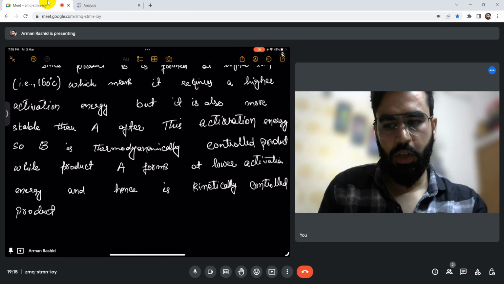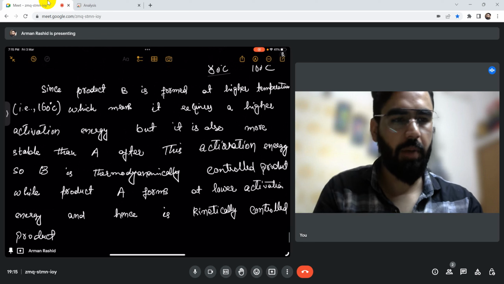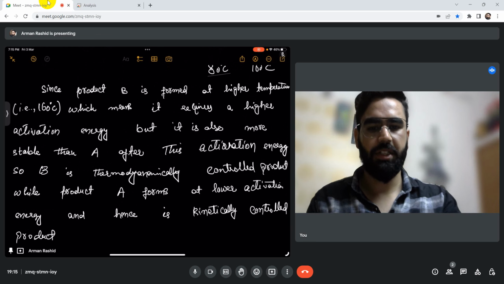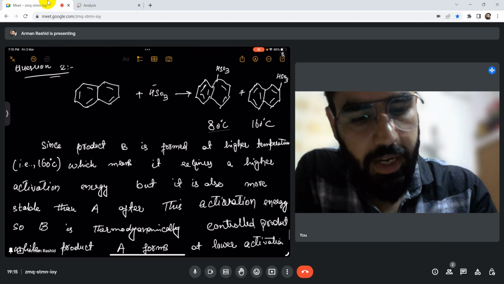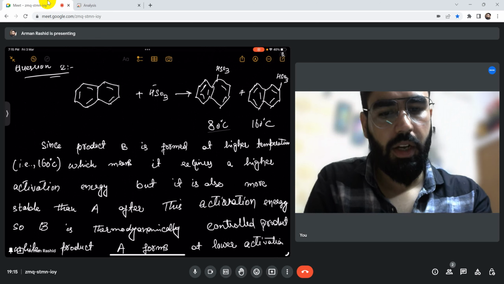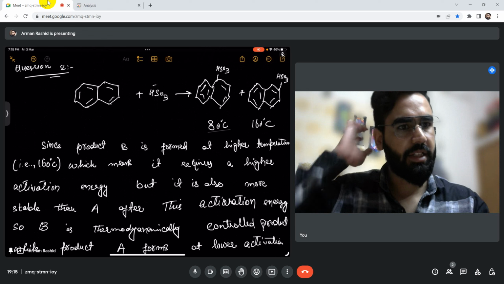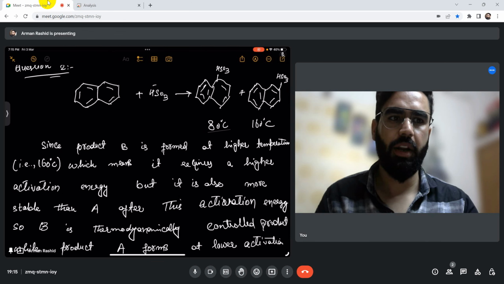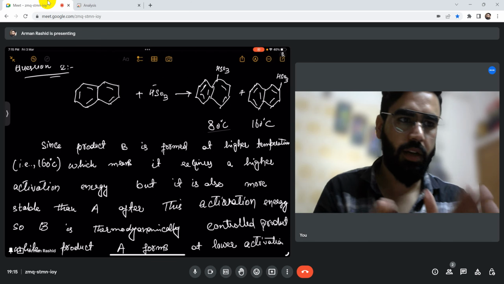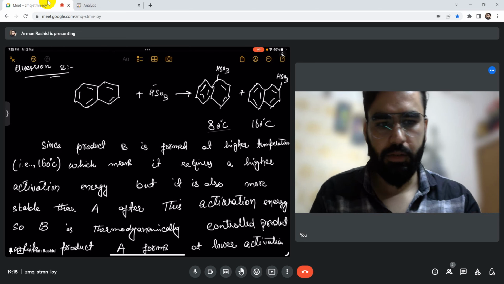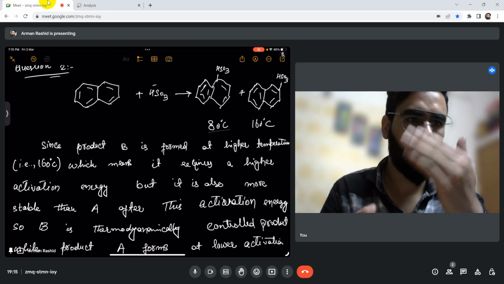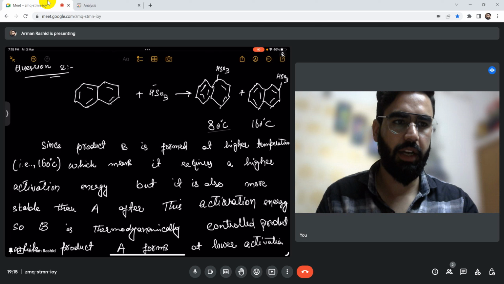Okay, so we know that B is formed at very high temperatures, 160 degrees. So B is formed at high temperature, which means it requires more activation energy. Activation energy is the extra amount of energy that is required for a reactant to go to a transition state and form the product.